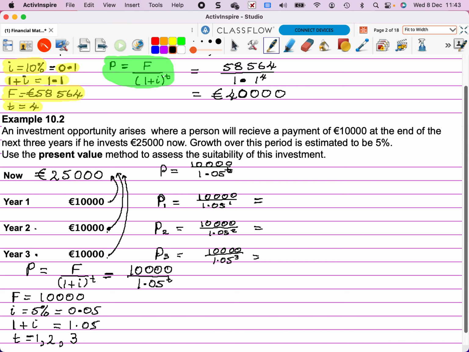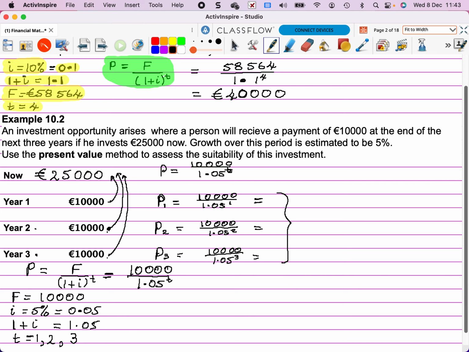Then arrow forward, put a plus sign, and then a new fraction button, and I'm going to have 10,000 divided by 1.05 to the power of 3. And when I do that, I'm going to press equals, and I'm going to find out the total.